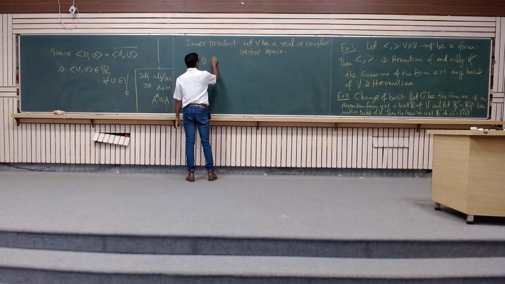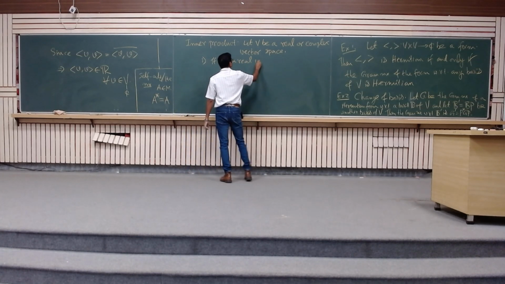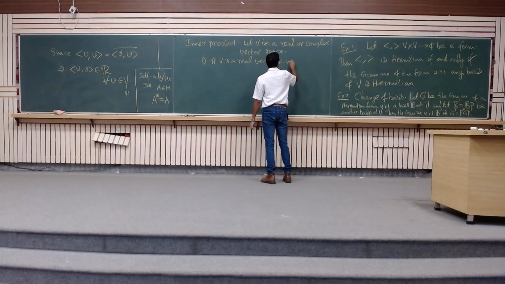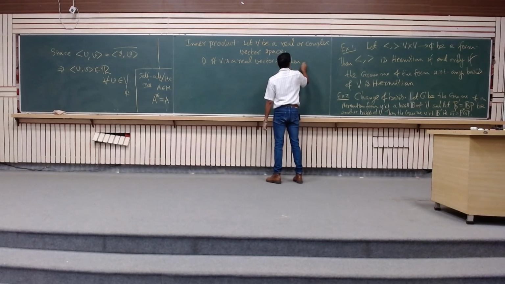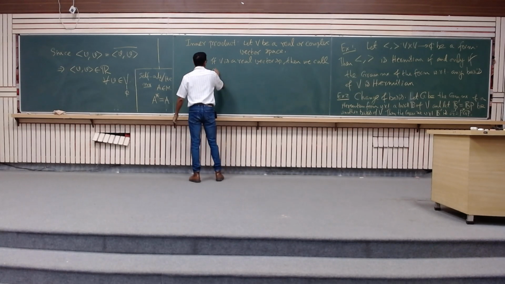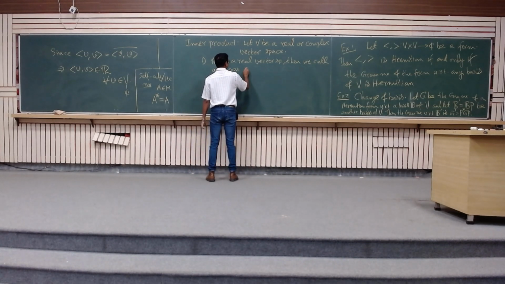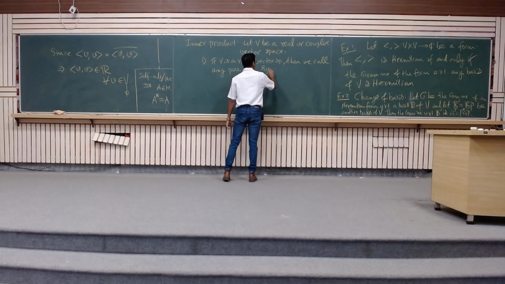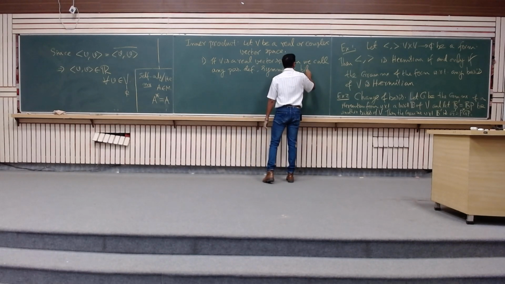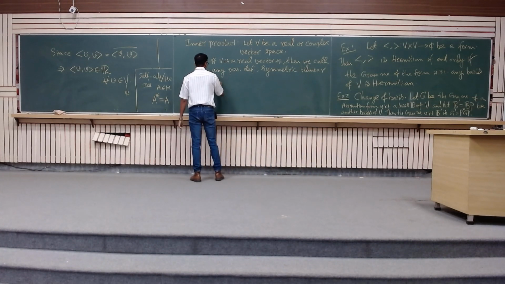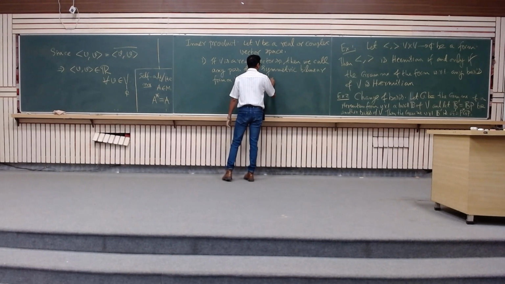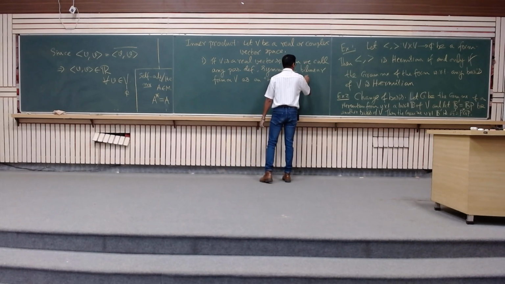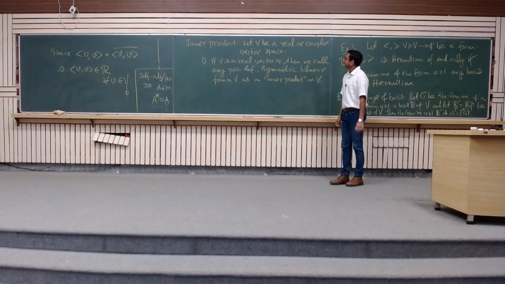In the real case, if V is a real vector space, then we call any positive definite symmetric bilinear form on V an inner product on V. And a real vector space with an inner product, we will call a Euclidean space.